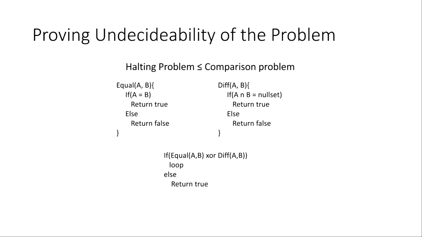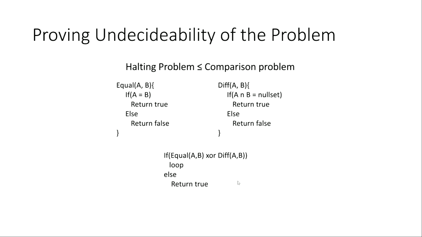Now, as you notice, it would be quite hard to be able to see if this algorithm would halt. Because, obviously, if A and B happen to be different or similar, then it would go into a loop.